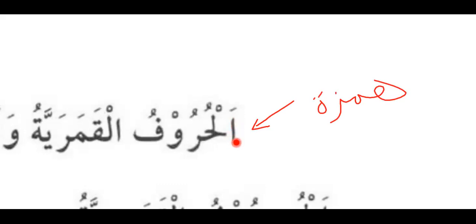This may be too deep, but maybe later on we'll get to understand it better. So it is hamza written in the form of an alif. That is why it's called hamzatu al-wasl, the hamza that is used to link two things together.